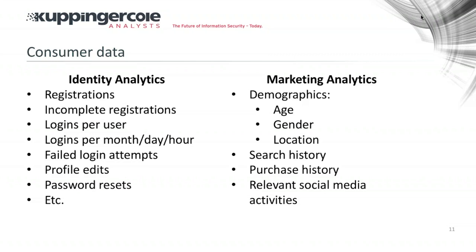You can also get reports on how many logins per user and per time period, how many of the login attempts failed, how many profile edits, how many password resets. It's really more of the mechanical elements of the identity management system that we're looking at when we think about identity analytics. These can also be used to feed security intelligence and security incident and event management solutions.